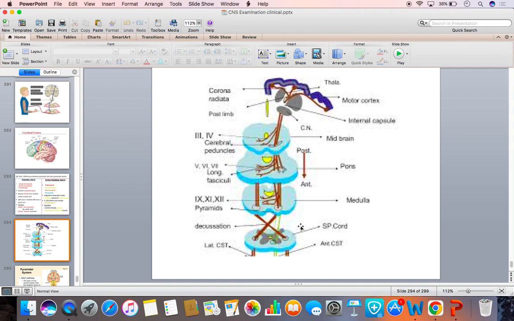In the medulla, again they give away fibers to innervate the motor nuclei of the ninth, 11th, and 12th cranial nerves. Ultimately they descend to the spinal cord in the form of anterior corticospinal tracts and the lateral corticospinal tracts.